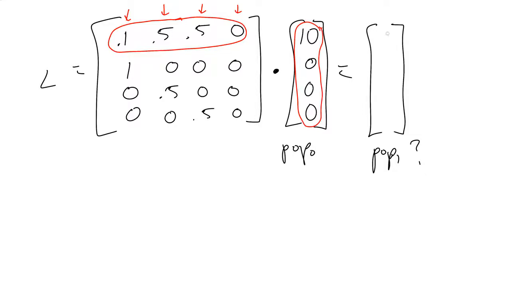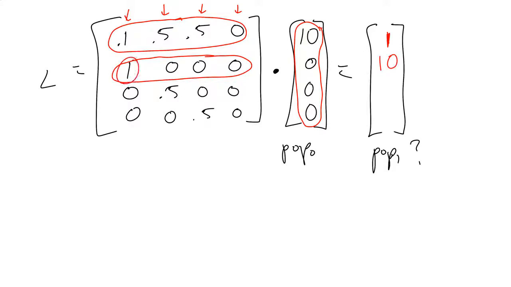And in this case, I'm going to get 1, right? Because 10 times 0.1 is 1, and then the rest are all zeros. So that means that these 10 baby rabbits are going to give rise to one baby rabbit in the next time period. Okay? Now, those 10 baby rabbits are all going to grow up to be 2-year-old rabbits.